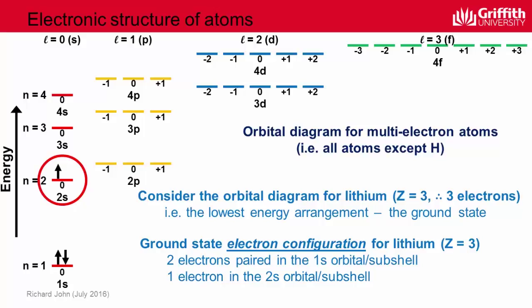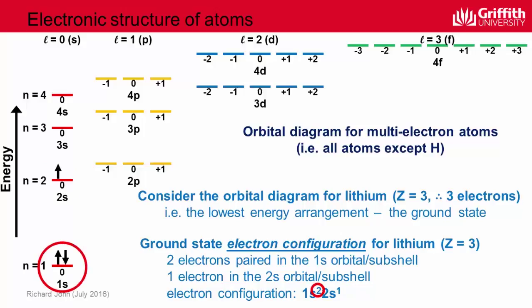And so we can write down a shorthand notation electron configuration like this: 1s2, 2s1, where this 2 superscript represents the 2 electrons in the 1s subshell there, and this 1 superscript represents the 1 electron that's in the 2s subshell. So we get a shorthand representation of the information that's in this orbital diagram.